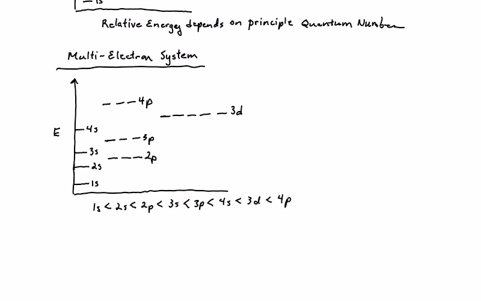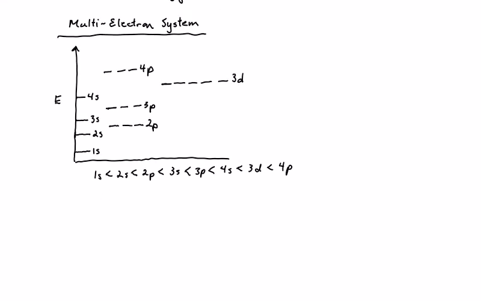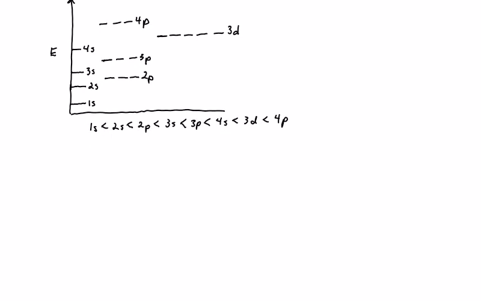And I think what you're seeing here is that it's rather complicated to try to remember what these orders are going to be in terms of increasing energy levels for each one of the orbitals. So there's a couple of different ways of doing this.